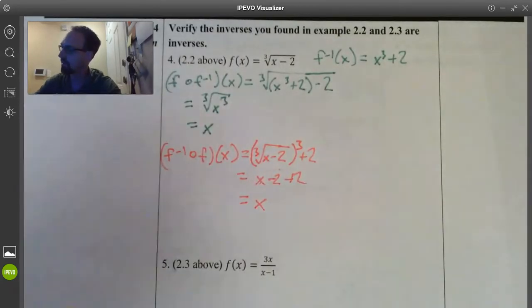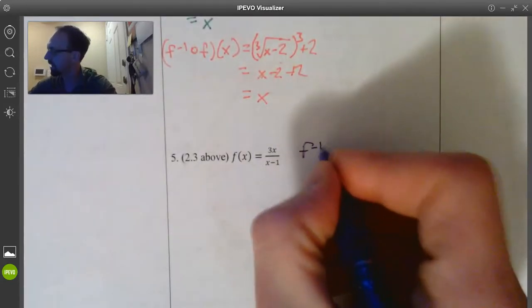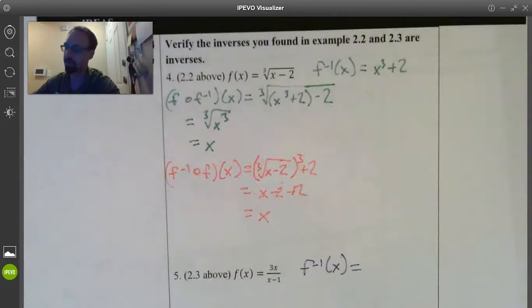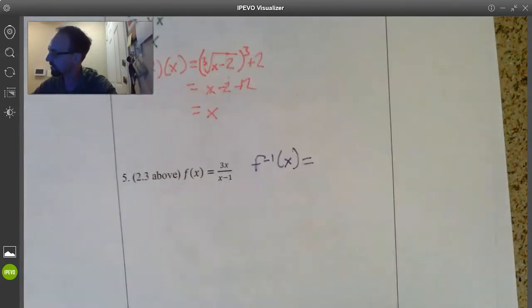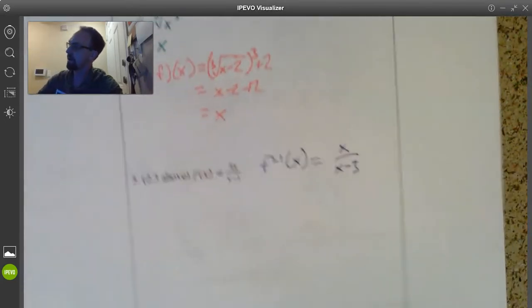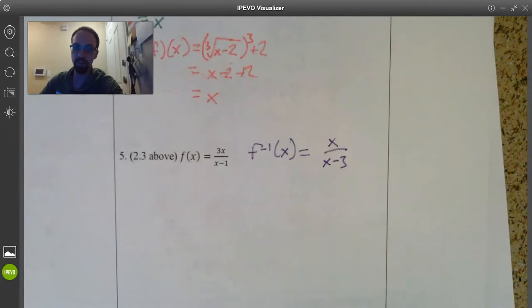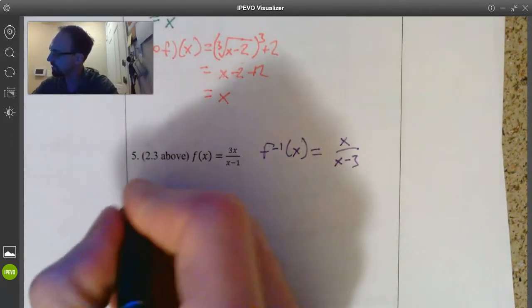Now doing the same with 2.3. First, let me copy over what f inverse of x is from the previous page. That's x over x minus 3. This one gets a little bit hairy because there are multiple x values when you plug them in. So let's go this way first.